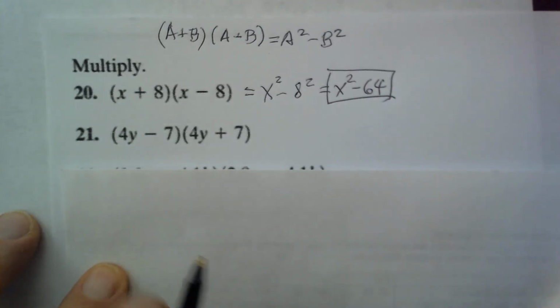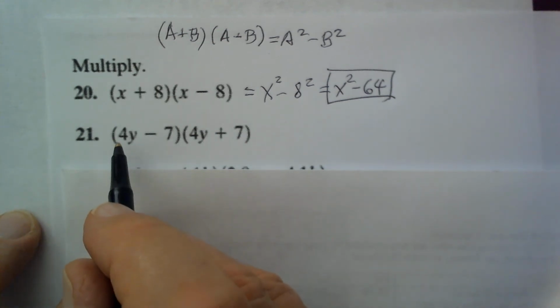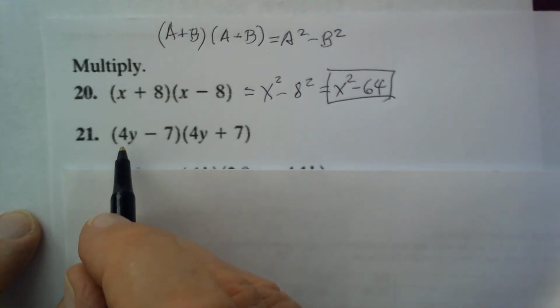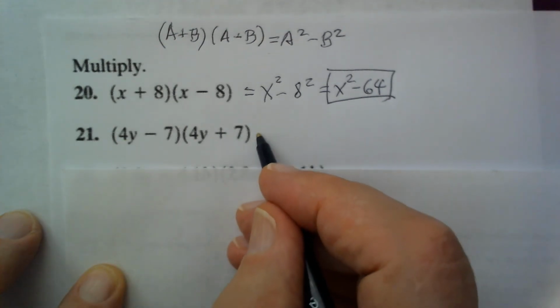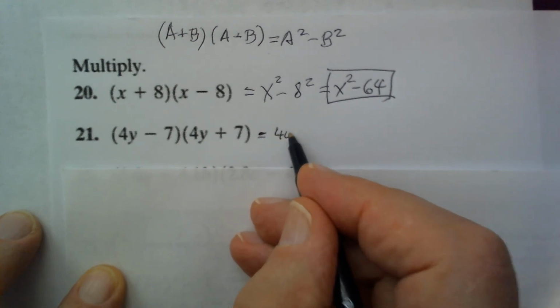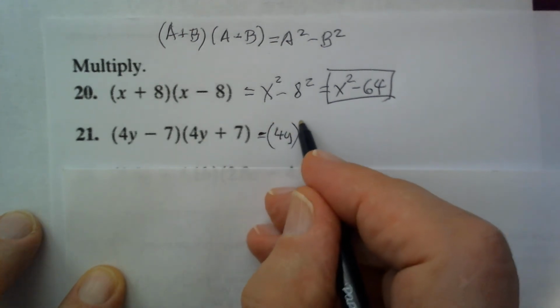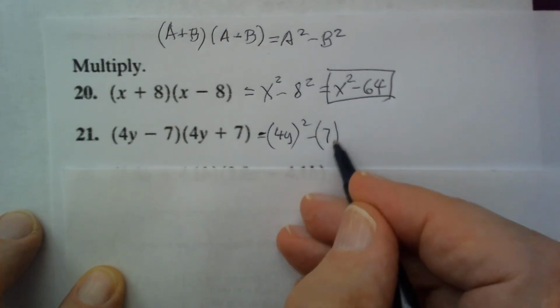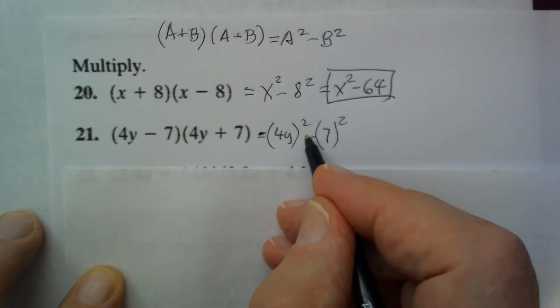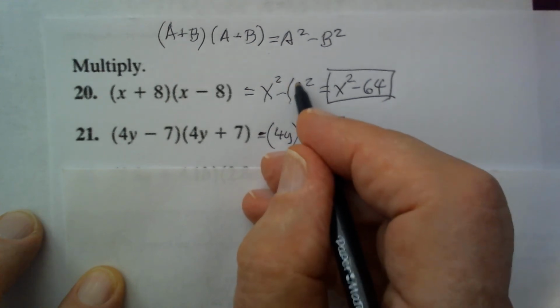Similarly, when we look at number 21, instead of a, we have 4y. Instead of b, we have 7. So if it's a squared minus b squared, we write this then as 4y, but in parentheses, squared, minus 7 squared. Okay? I should put it in parentheses also.